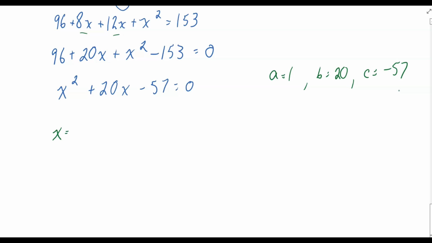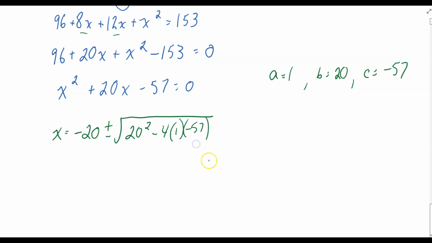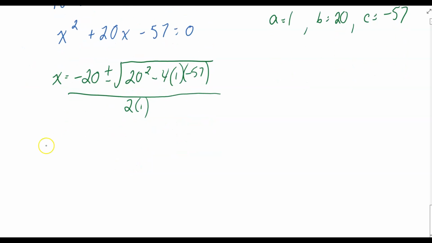All right, so minus 20 plus or minus the square root of 20 squared minus 4 times 1 times minus 57, all over 2 times 1. x equals minus 20 plus or minus the square root of 400, negative 4 times 1 times negative 57.